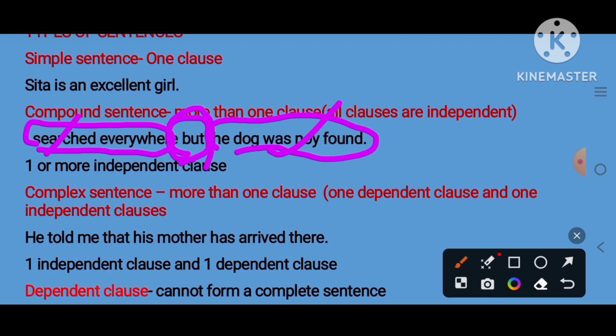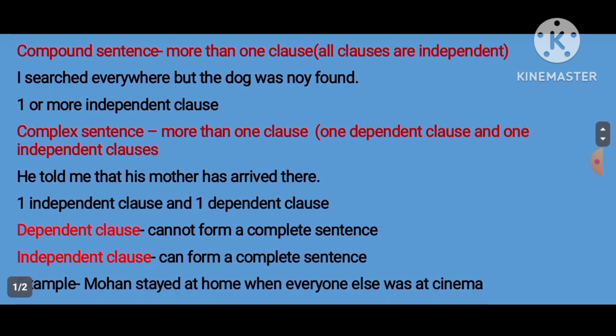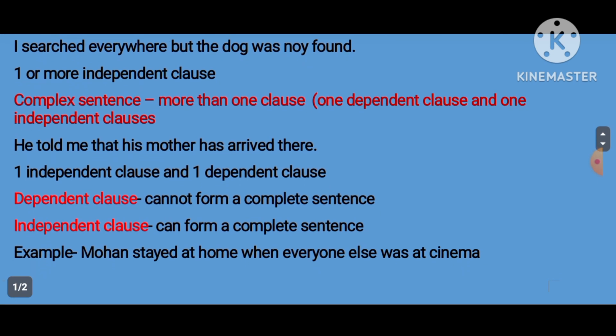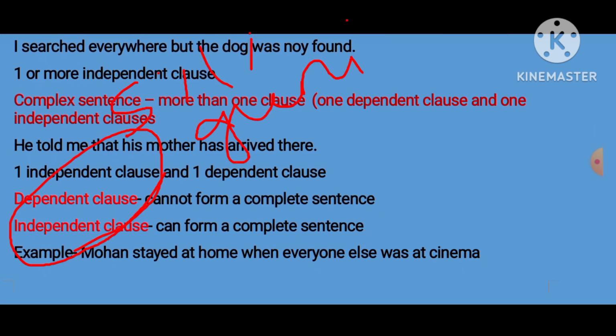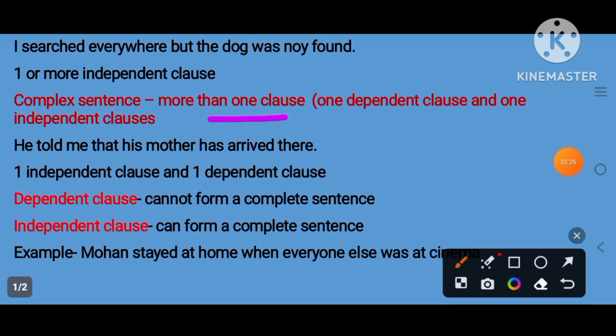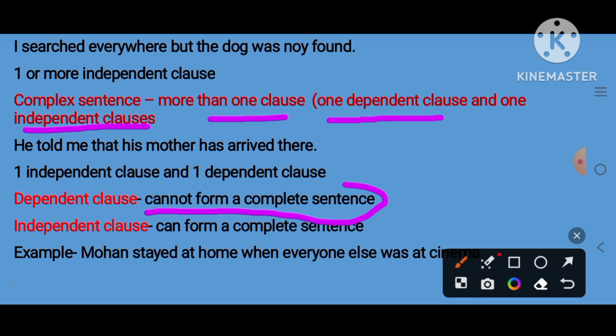Okay, next come to the complex sentence. Complex sentence means more than one clause, where one must be a dependent clause and the other an independent clause. Dependent clause means it can't form a complete sense, it has to depend on an independent clause.